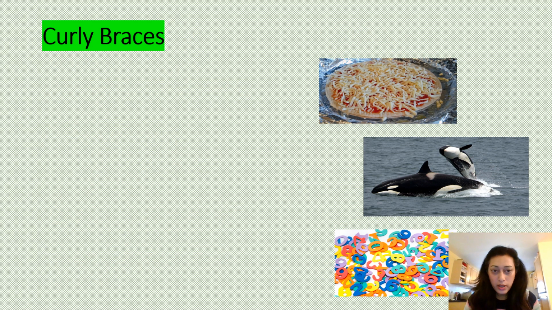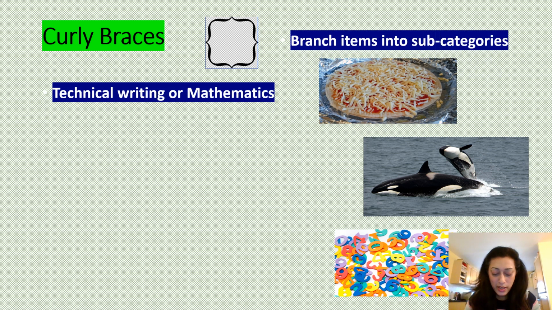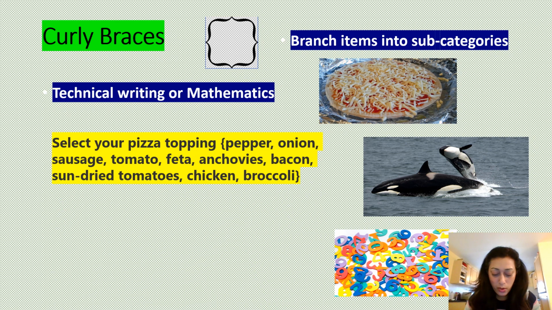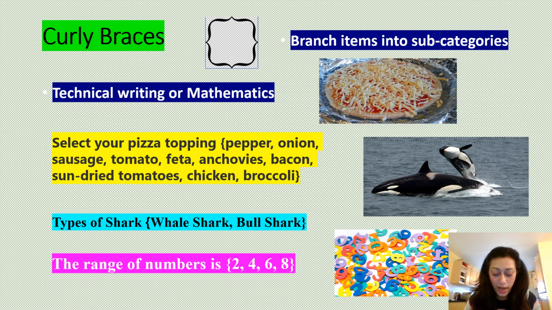Alright, moving on to the curly braces. Braces or curly brackets are most commonly used in technical writing and mathematics. It is also used in written text to branch items into subcategories or indicate that more than one word is being referred to. For example, select your pizza topping.